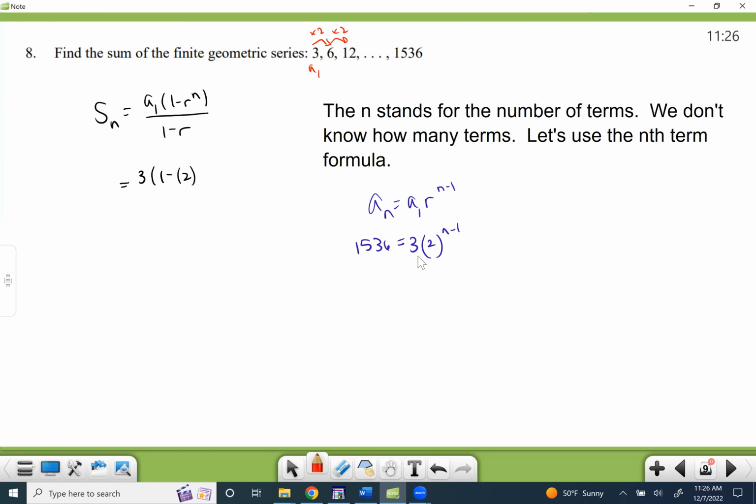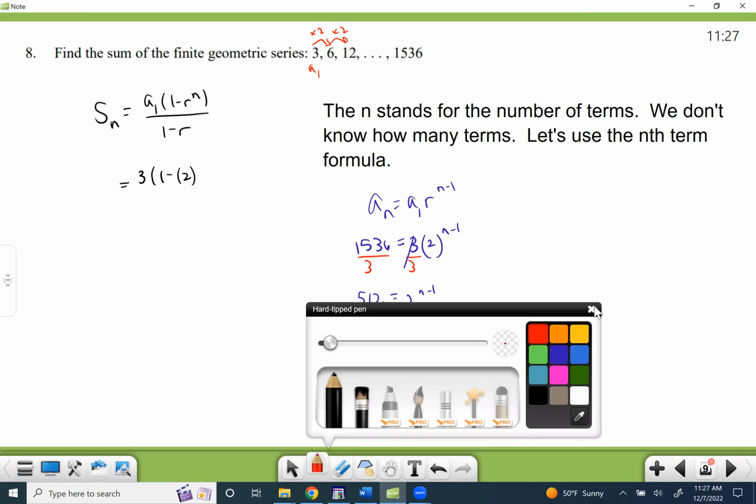So this will help us solve for the n. So first thing I'm going to do is divide the 3 out. So those cancel. So this is going to be 512. Yep. Okay. And then equals 2 to the n minus 1. Now it's been a while. I'm kind of glad we're bringing this back because we got the final coming soon.